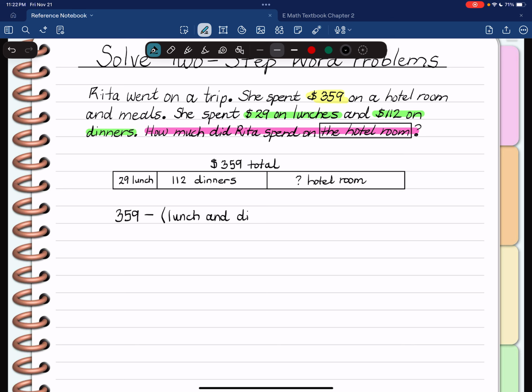Those are her meals. Plus, I just don't want to get you confused. Let's leave that off. Lunch and dinner and the hotel room.